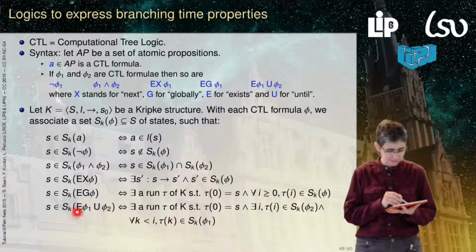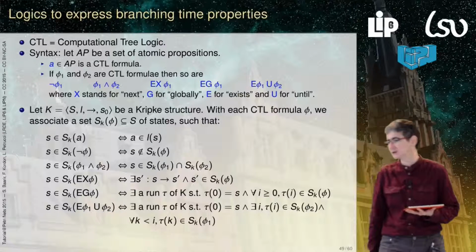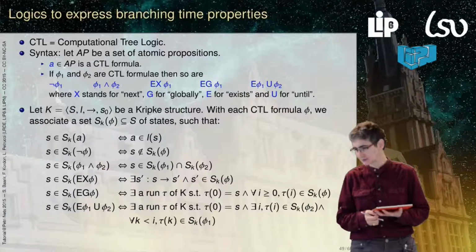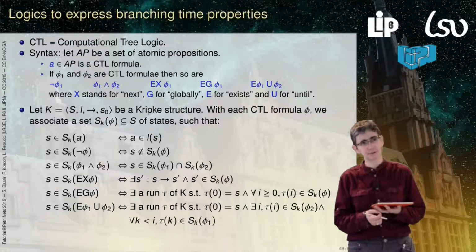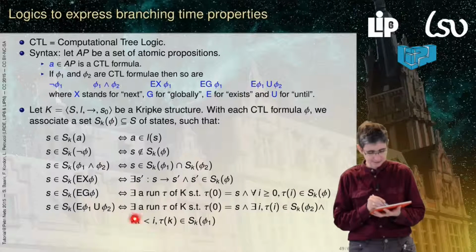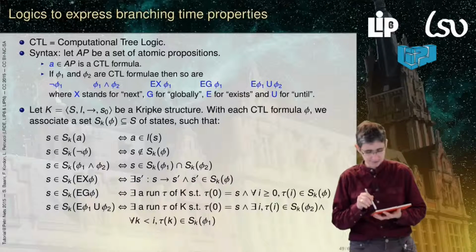And E phi1 until phi2 is looking at runs that start in state S such that phi1 is satisfied all along until some index i where the formula phi2 is satisfied.